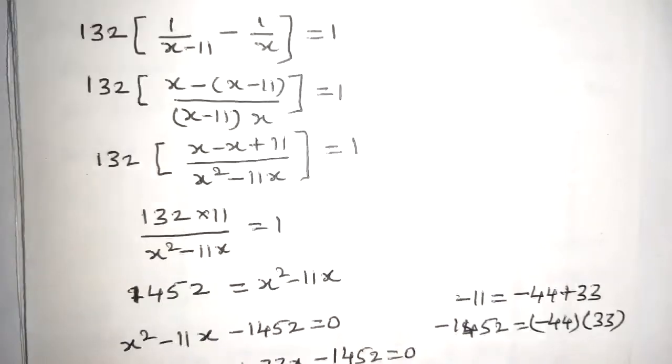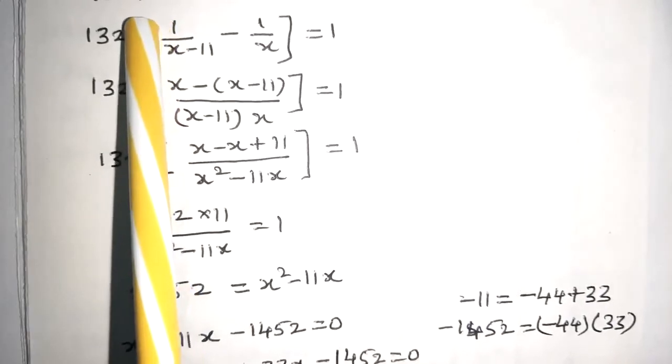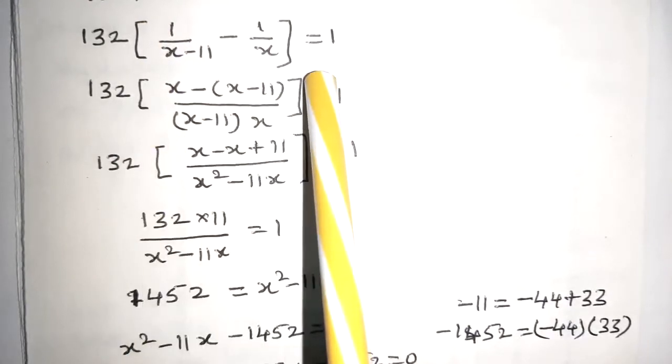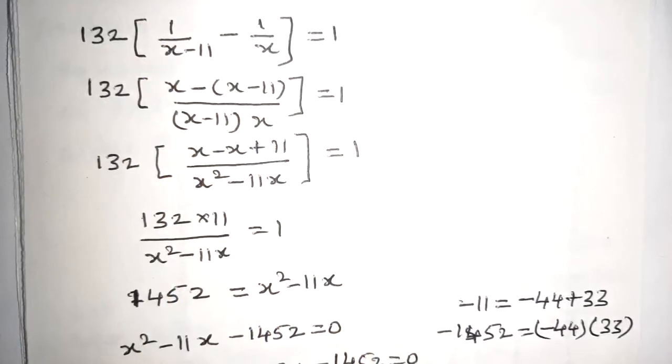Now, we got this. 132 is taken as common factor. Now, by simplifying this, we get a quadratic equation.